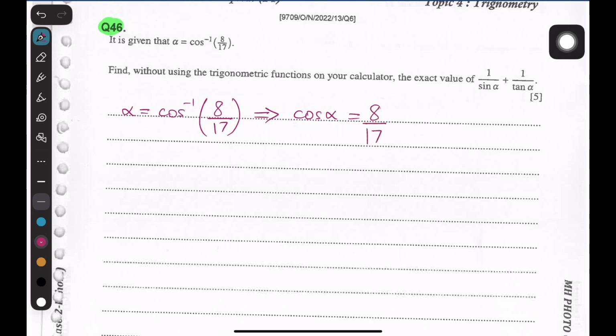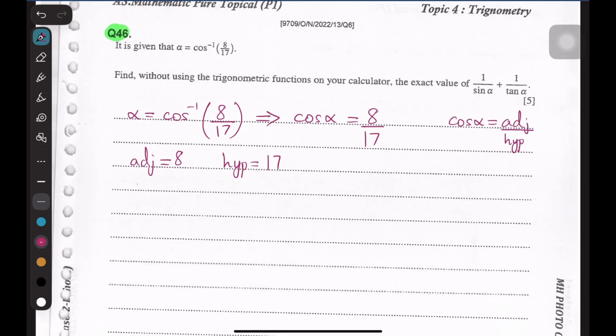Now recall that cos alpha is basically the ratio of adjacent upon hypotenuse, right? So in this situation, the value corresponding to adjacent is 8, and the value corresponding to hypotenuse is 17. So I'll use the Pythagoras theorem to find the opposite side.